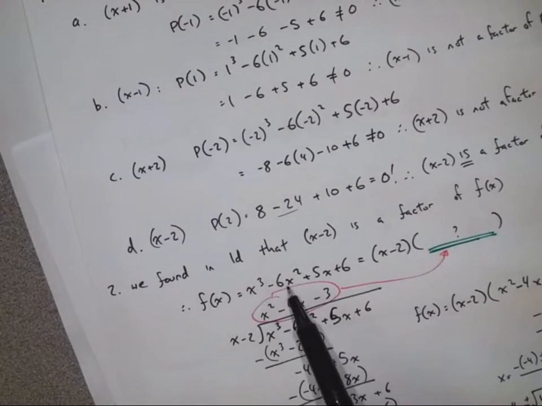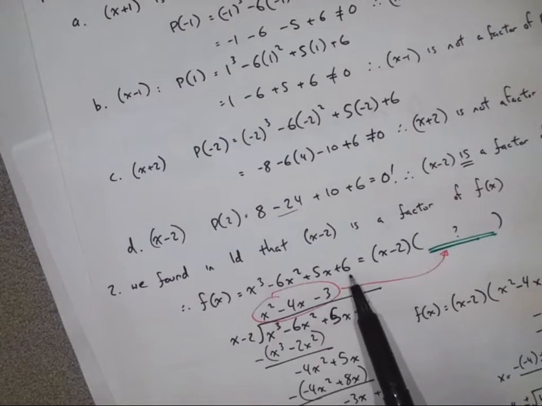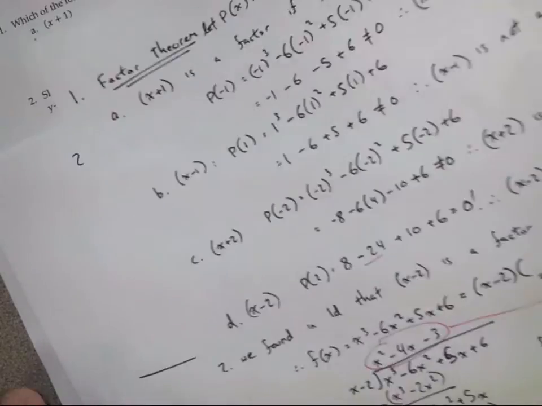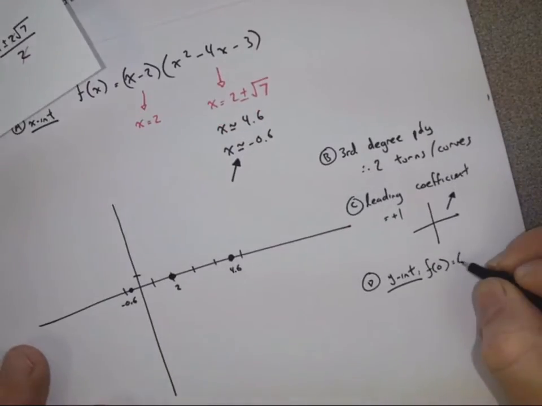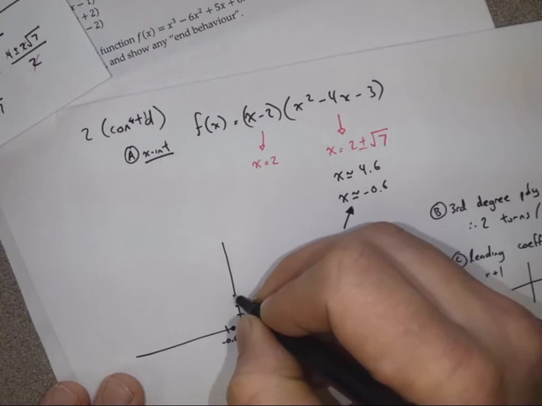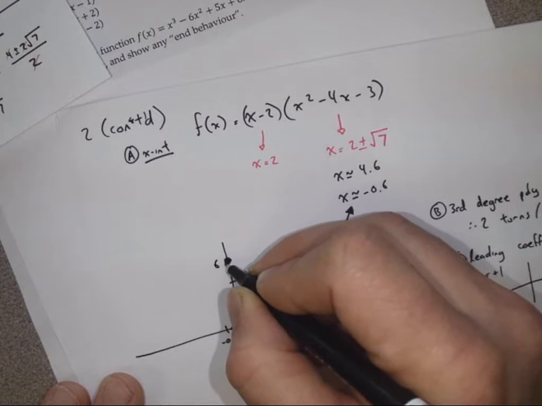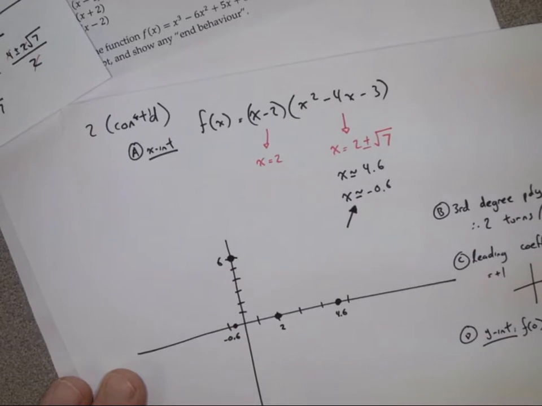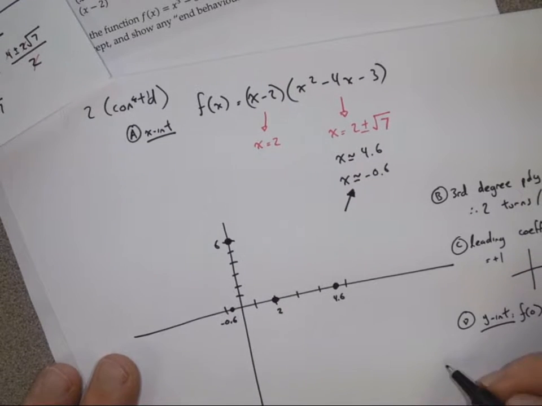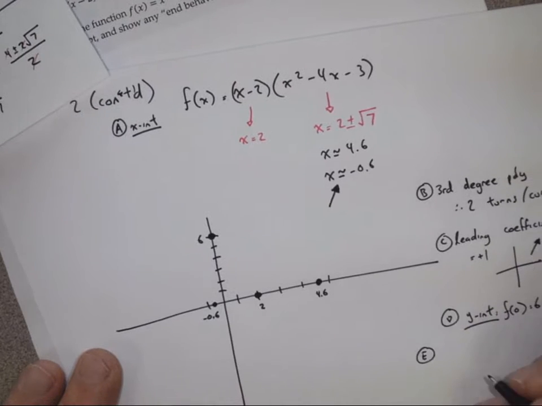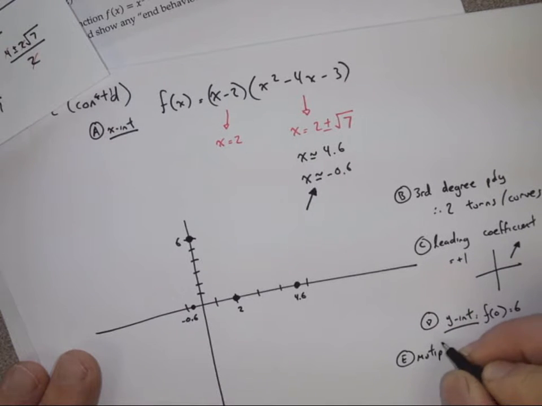This turns to 0, this turns to 0, this turns to 0. We end up with just a simple 6. So f of 0 is 6. That means 1, 2, 3, 4, 5, 6. These do not have to be to scale. These are sketches, not diagrams. Okay, and so we have no multiplicity. So multiplicity, there is none.